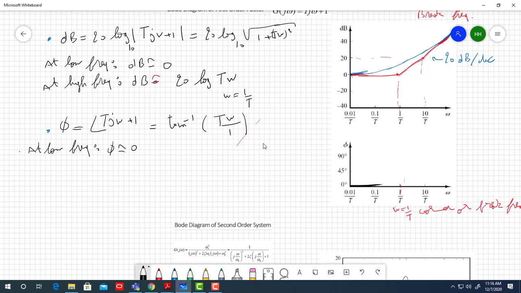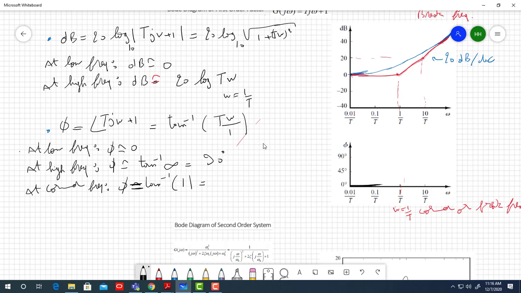At high frequency, phi equals tangent minus 1 of infinity, and this is 90 degrees. At the corner frequency, phi equals, so not approximately, tangent minus 1 of 1, and this will be 45 degrees.